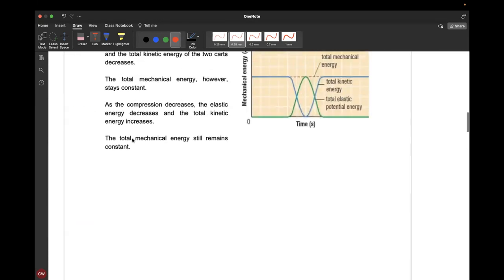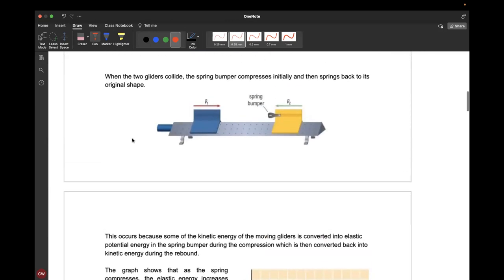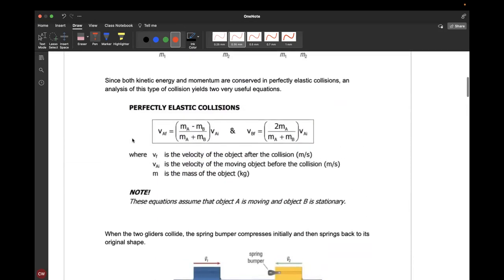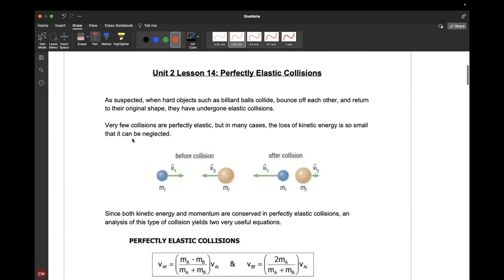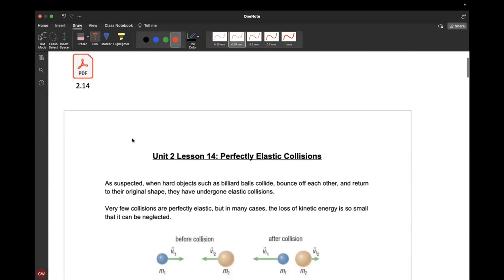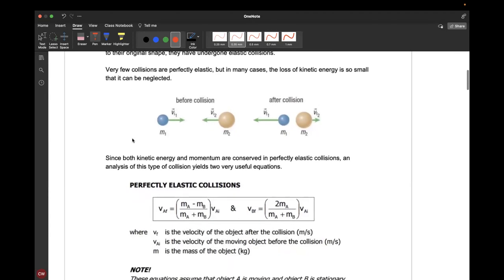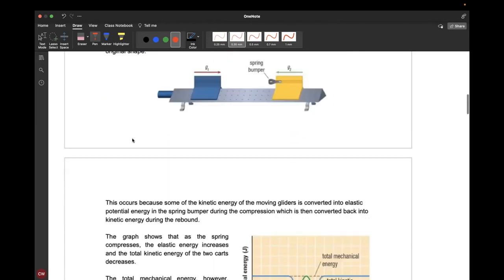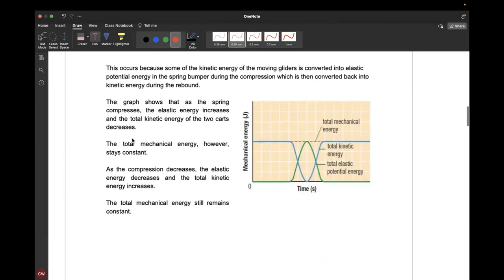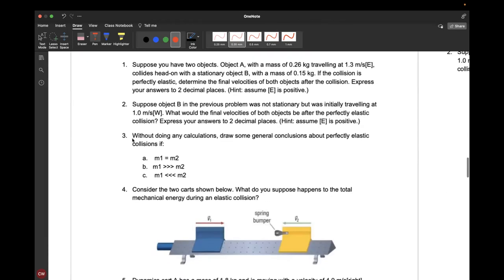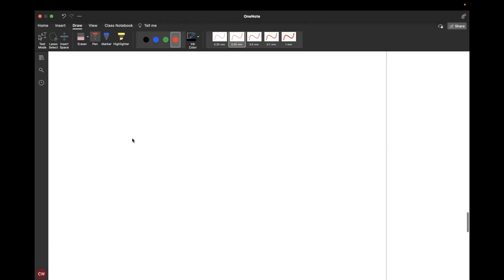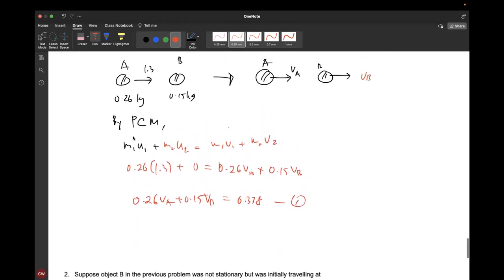Do they use the principle of conservation of momentum? Perfectly elastic. They didn't give the equation, so you can use this one.